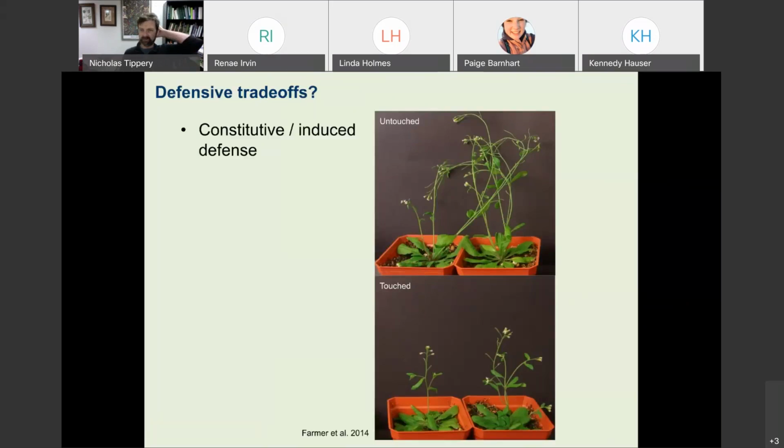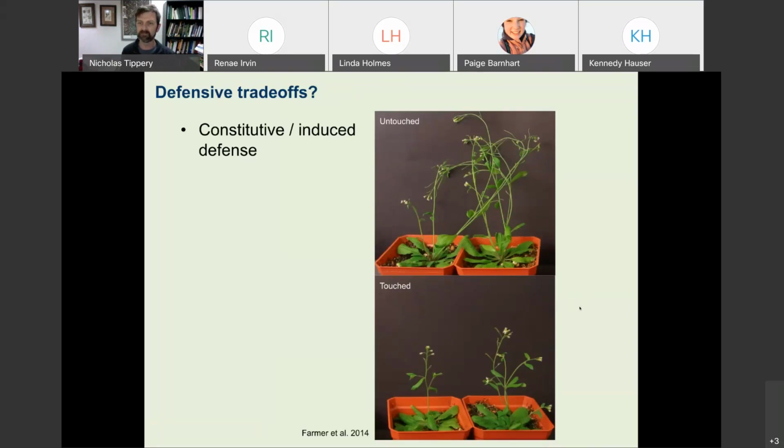And there's, as the slide here suggests, a potential trade-off there. It costs energy to make that defense, right? So if you're putting in defensive chemicals, then that's a nutrient and energy draw, and that energy could have been used for something else.